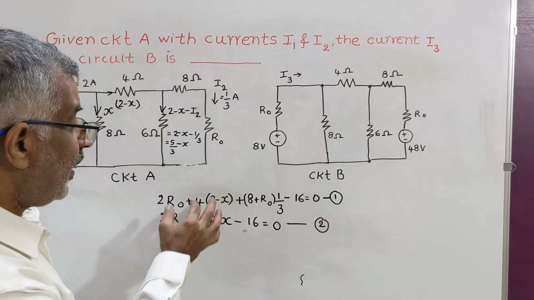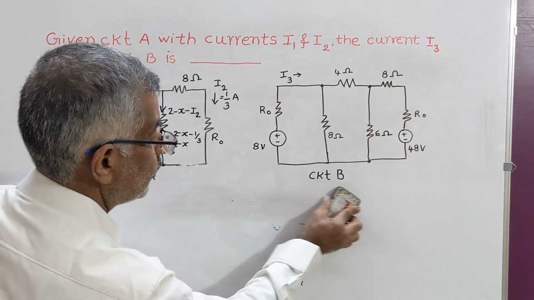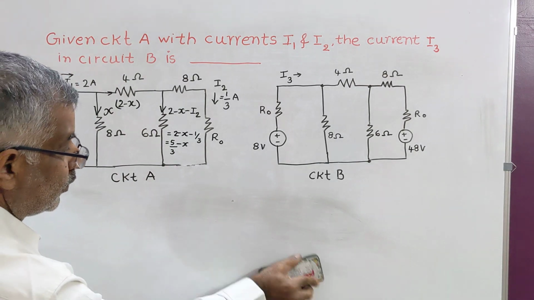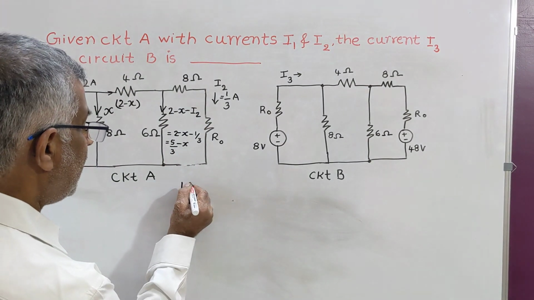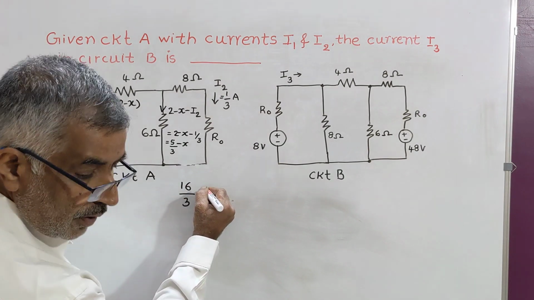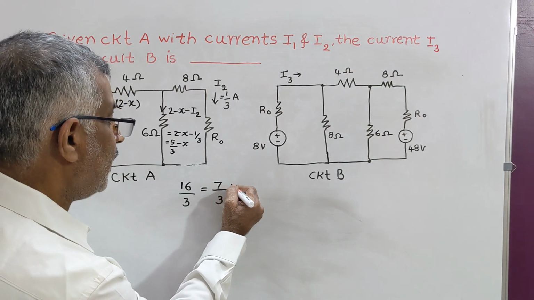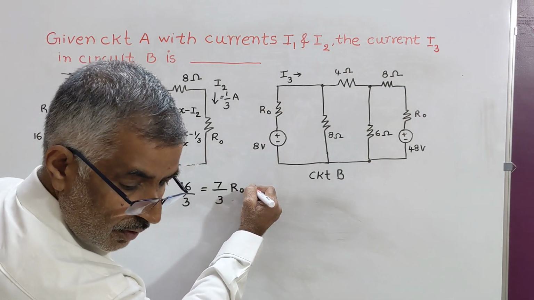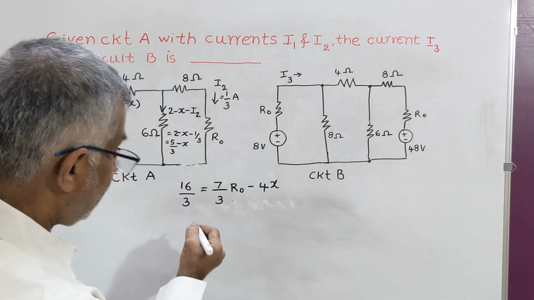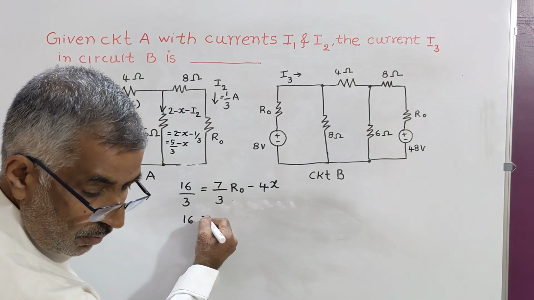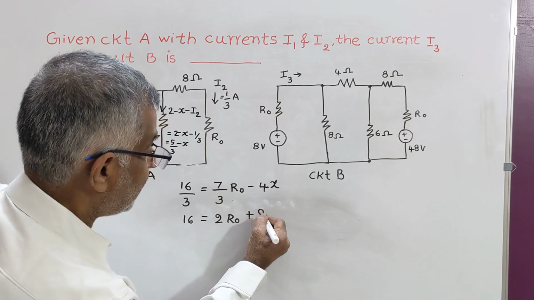If you manipulate these two equations, you will get 16 by 3 equals 7 by 3 R0 minus 4X, and 16 equals 2 R0 plus 8X.